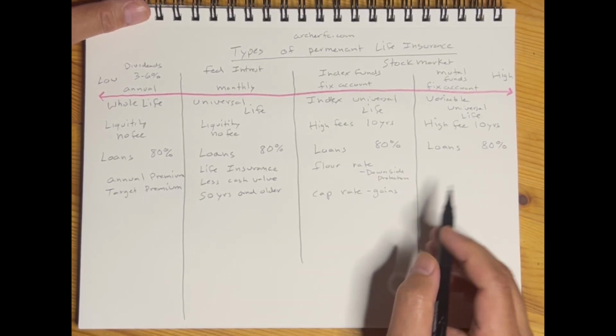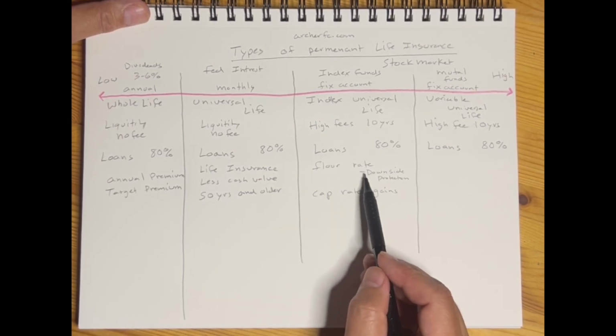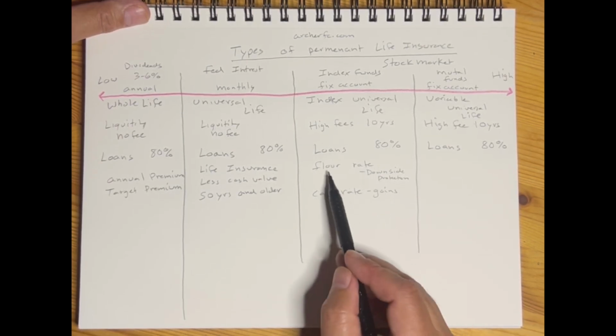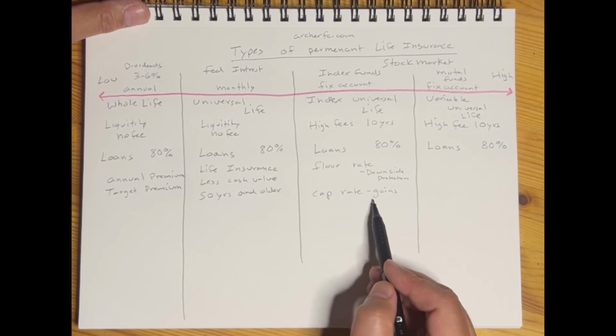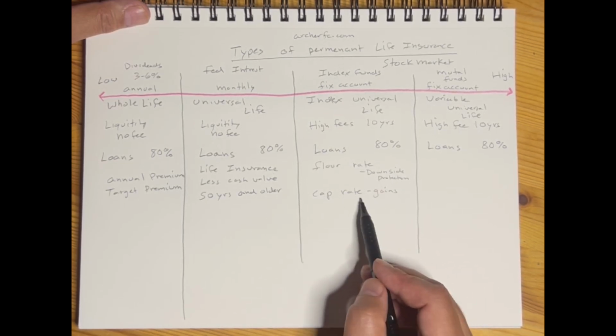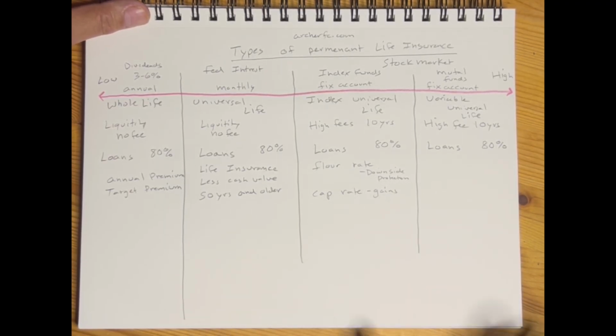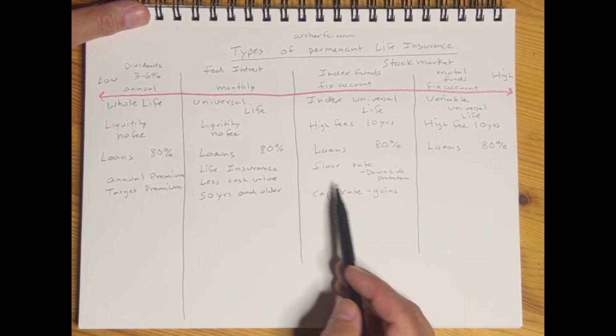The reason is the insurance company is going to insure your losses by stopping them at a certain point with the floor rate, but they're also going to limit your gains by taking the profits at a certain percentage. And I will break down Index Universal Life in more detail, but this is just a very simple way of saying that this is how you make money inside an Index Universal Life.